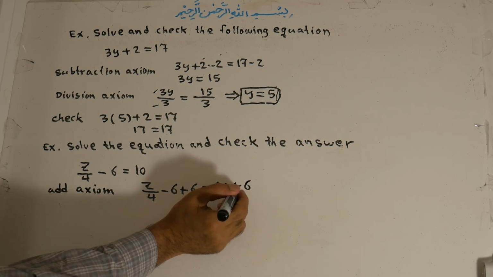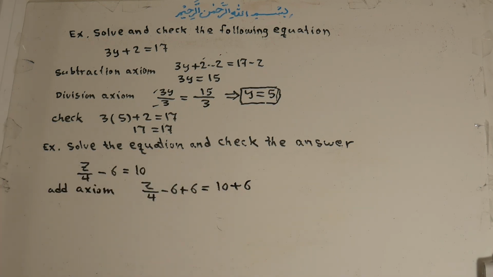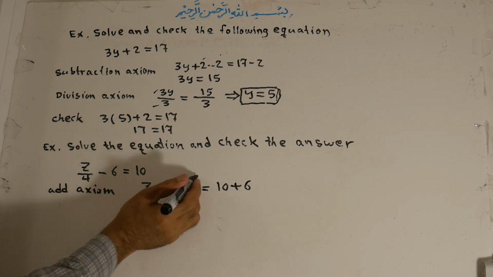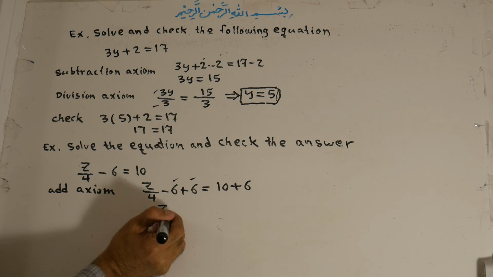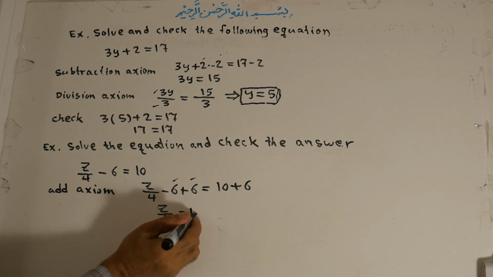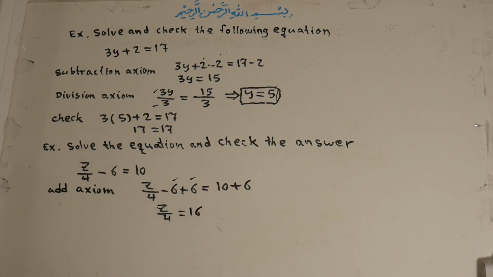We add 6 to both sides of the equation. 6 cancels with minus 6, Z over 4 is equal to 16.